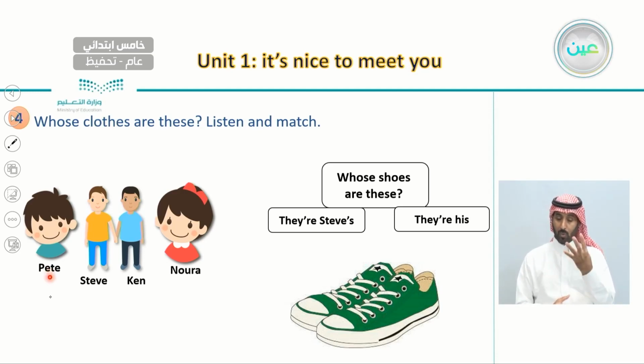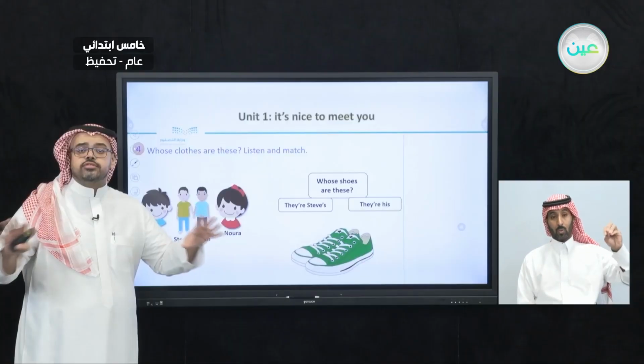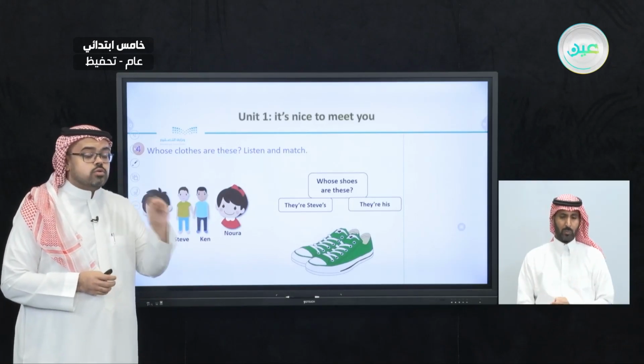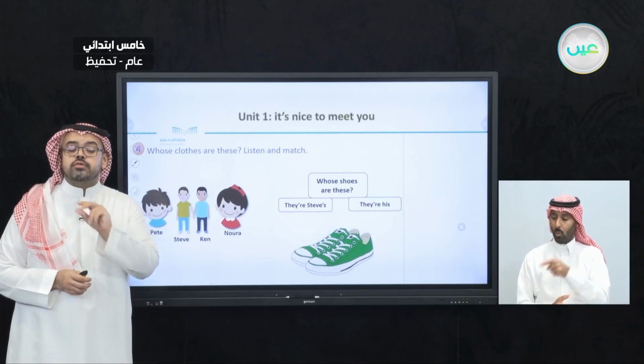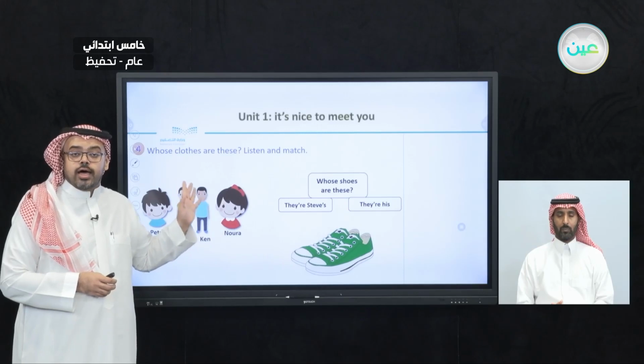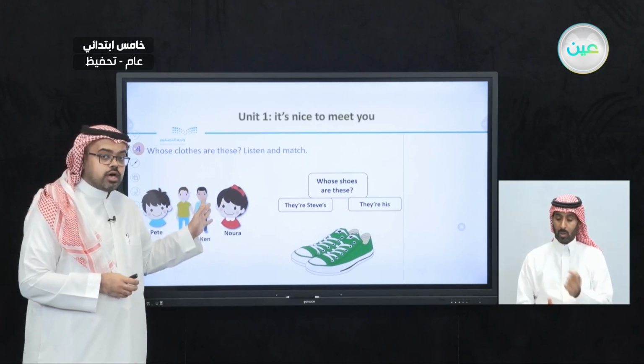So here we have Pete, here we have Steve, we have Ken, and we have Nora. And as you can see in your books, you have different objects. What we need to do is ask questions about each of these objects, and then write them down here.